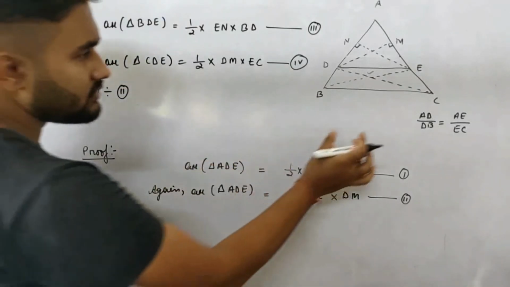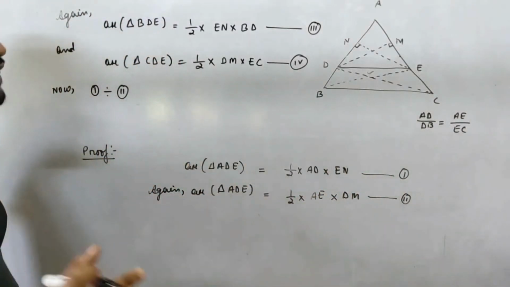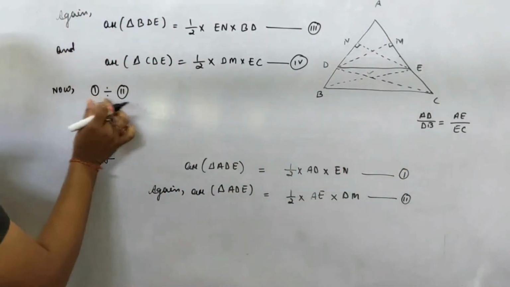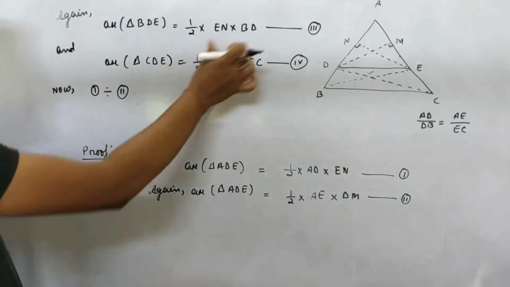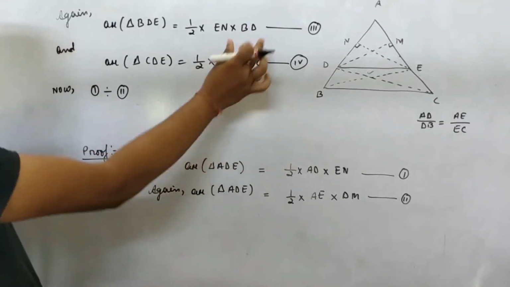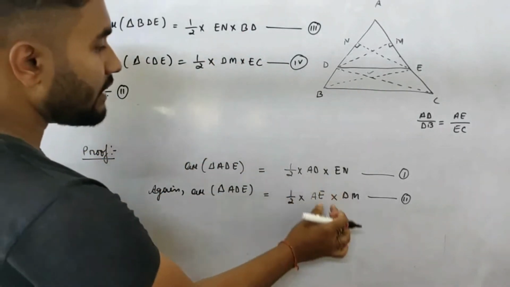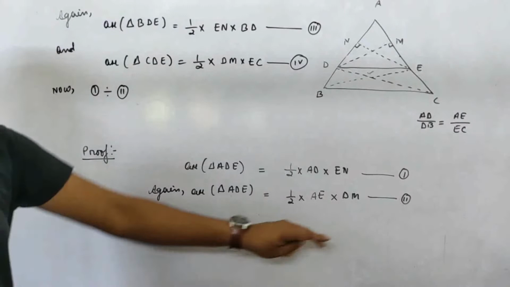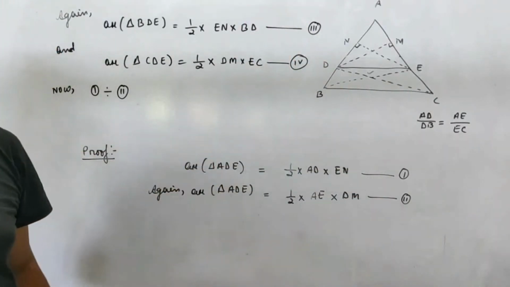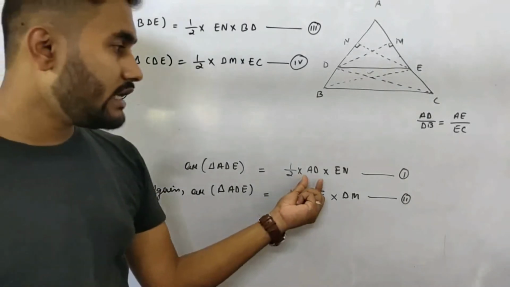So simply see your to-prove section. You have to prove AD divided by BD. AD means 1, BD means 3. In your exam your BD may be in equation 4 also, so this will be 1 divided by 4 then. Or your AD may be in the other place, if by chance you have written it first. It can happen. That time it will become 2 divided by 3. So don't memorize, just see where your AD is.